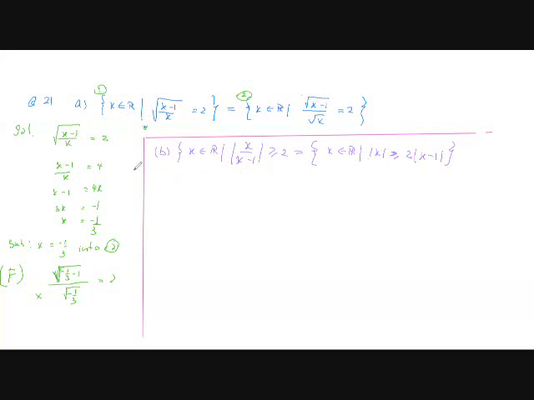So we also work from the left-hand side. For example, say this is set 1 and this is set 2. So we work from 1, okay? In this one, we have absolute x over x minus 1.